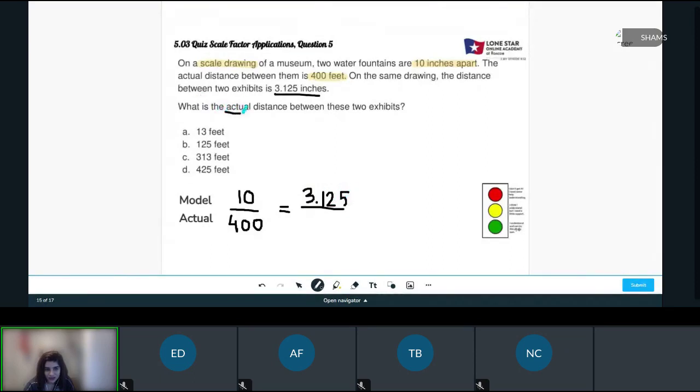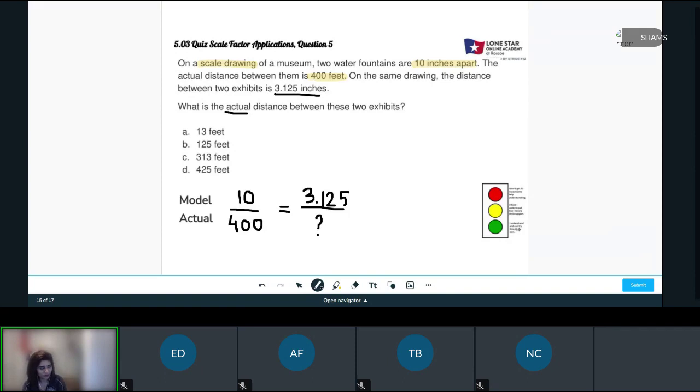What is the actual distance? See, the actual is missing. What is the actual distance between the 2 exhibits? There are so many different ways to do this one. Do you guys have any strategies that will work?